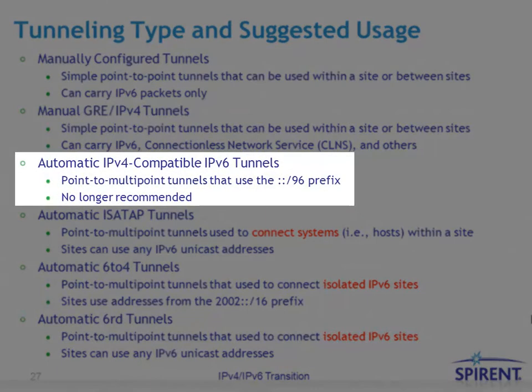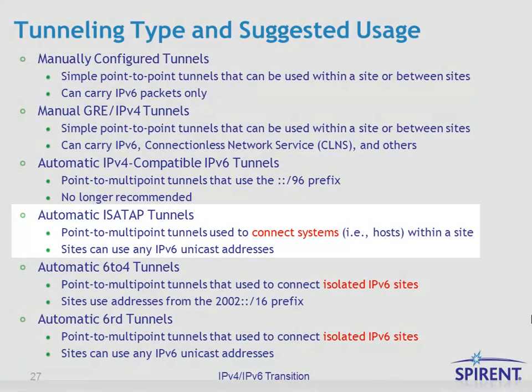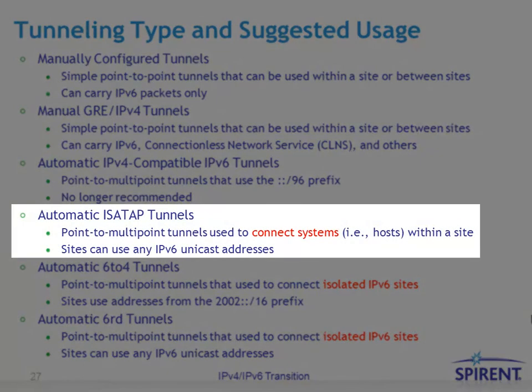Automatic tunnels, so you have what was originally referred to as a compatible IPv6 tunnel, where you had all zeros ending in the 32 bits of the IPv4 address. That's no longer recommended. Obviously, there is no routable portion from an IPv6 perspective. There's ISATAP tunnels, which, just like all automatic tunnels, are point-to-multipoint tunnels, are used to connect systems, in other words, hosts.